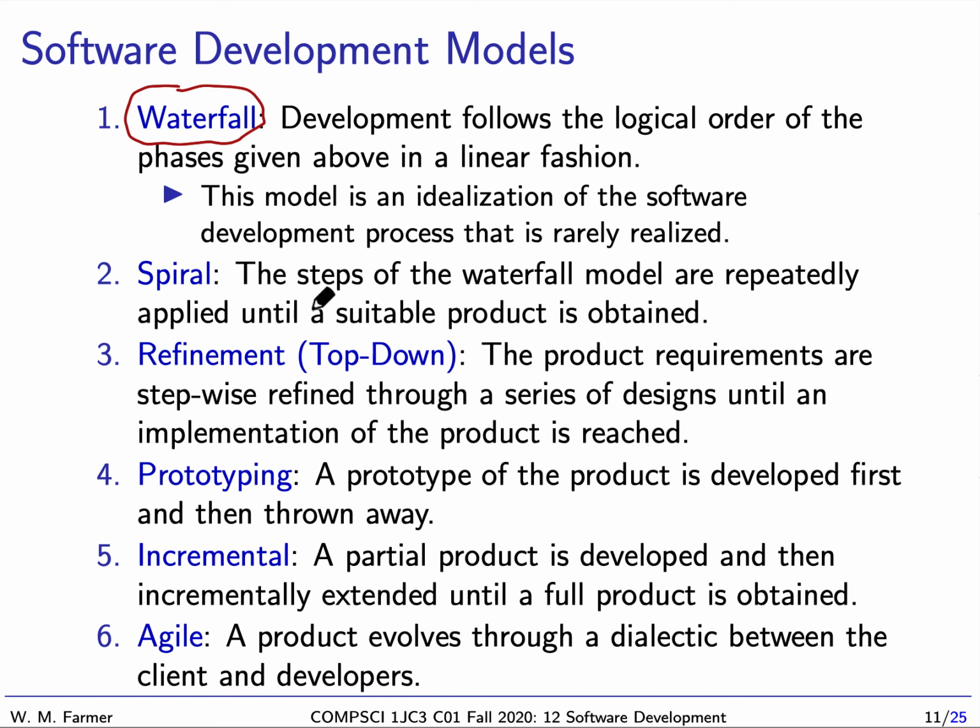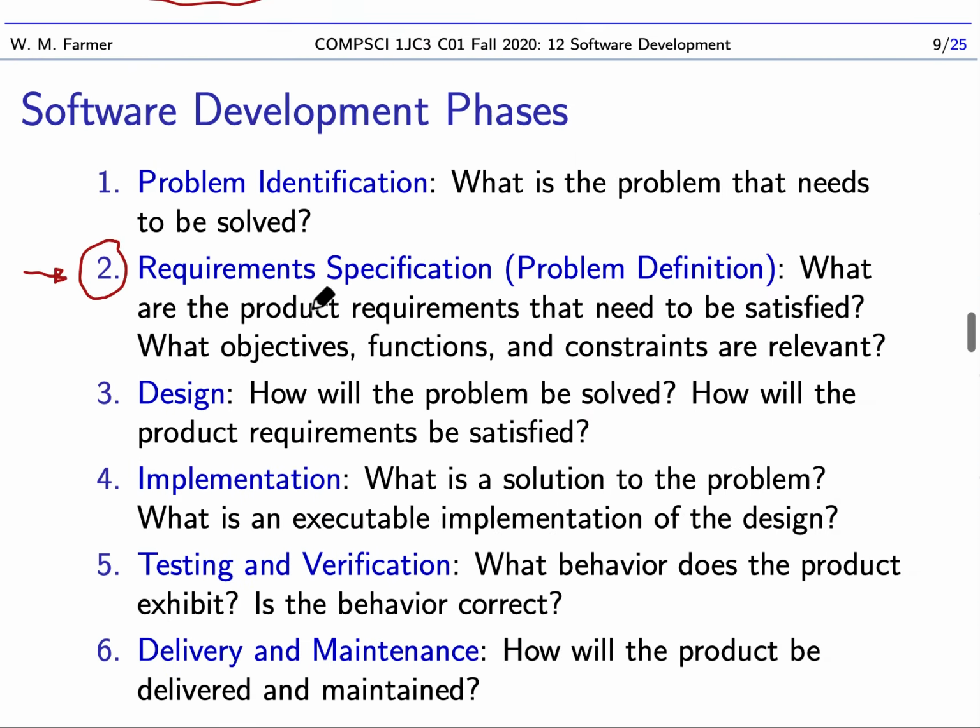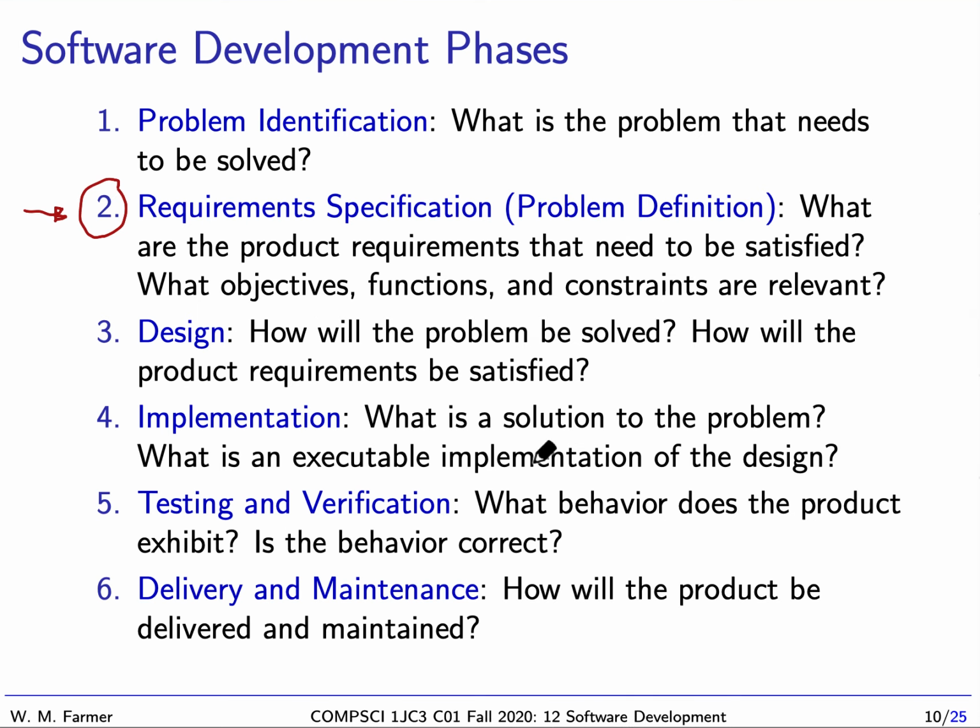How does this model work? We just follow these phases. We identify the problem, we write up a specification of requirements, we produce a design that satisfies the requirements, we produce an implementation that satisfies the design. We do a bunch of testing and verification to make sure everything's okay. And then we produce a plan for delivering and maintaining it.